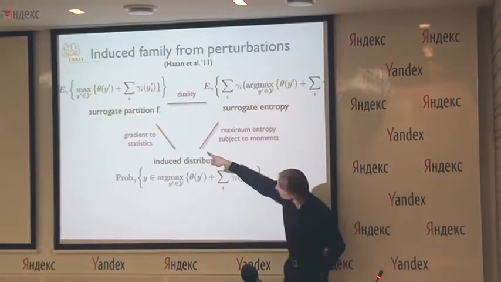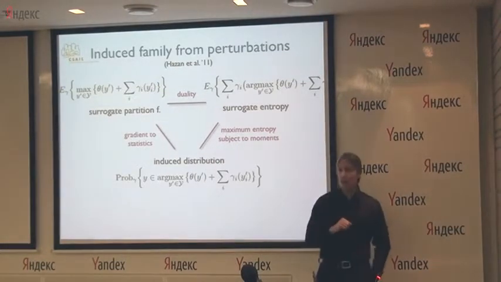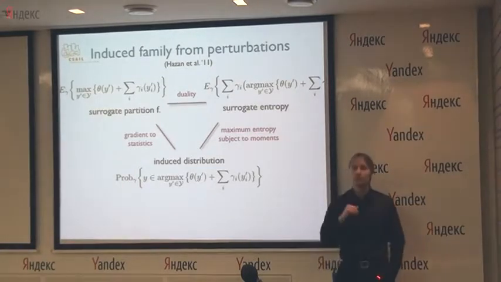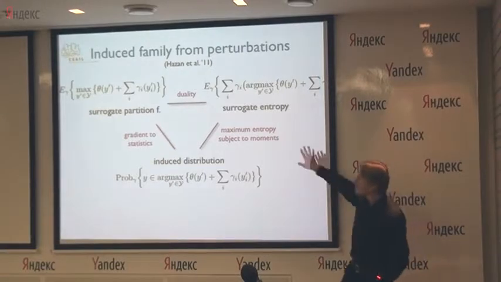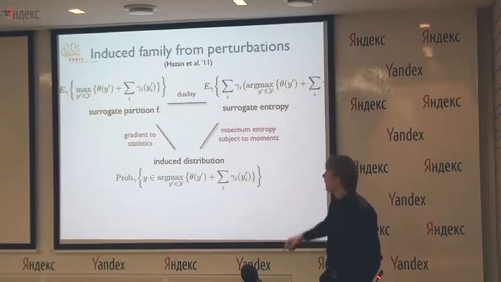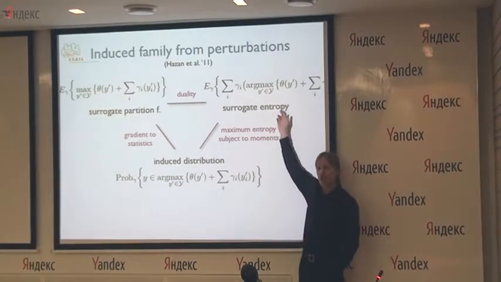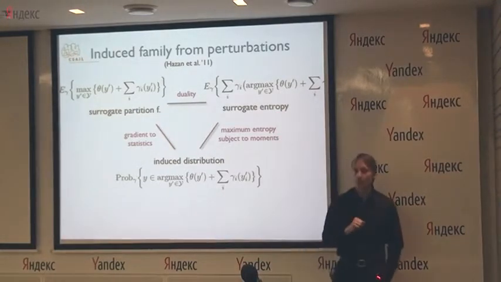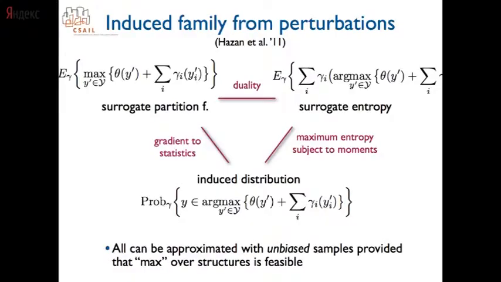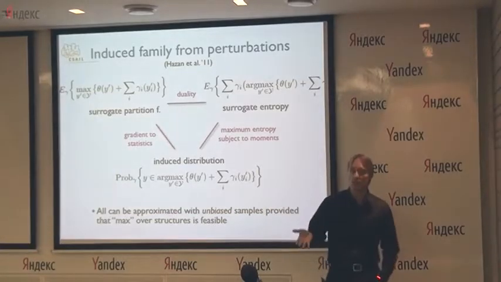We have a surrogate log partition function there, and these are duals to each other and so on and so forth. All right? So essentially the same picture holds as before, except that we modified one of the concepts slightly. All right? So the advantage here is that all of these can be approximated nicely with unbiased samples, provided that the maximization operation there is tractable.